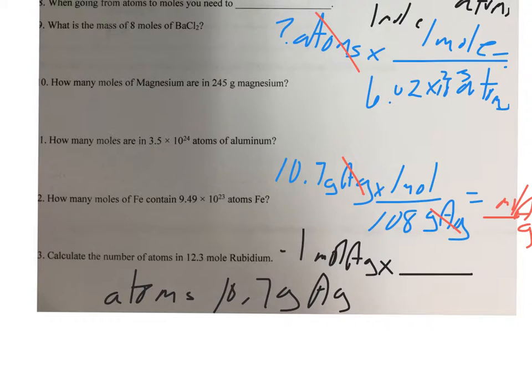Now that I have the mole, remember that whatever unit is here, that's going to go where? On the bottom, right? And you're looking for atoms, so atoms goes on top. And this will give you your atoms. What's my number for mole every time it's with the Avogadro's number?